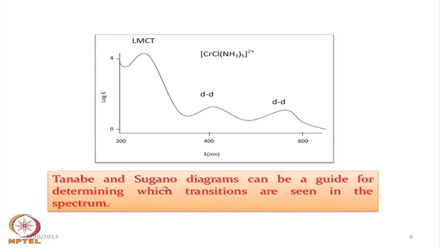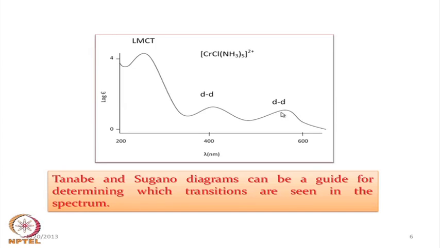That particular transition will be governed by a special type of diagram proposed by these two persons, Tanabe and Sugano, and that is why they are known as Tanabe-Sugano diagrams. So, these diagrams can be utilized to determine the corresponding transitions that we see in the spectrum.